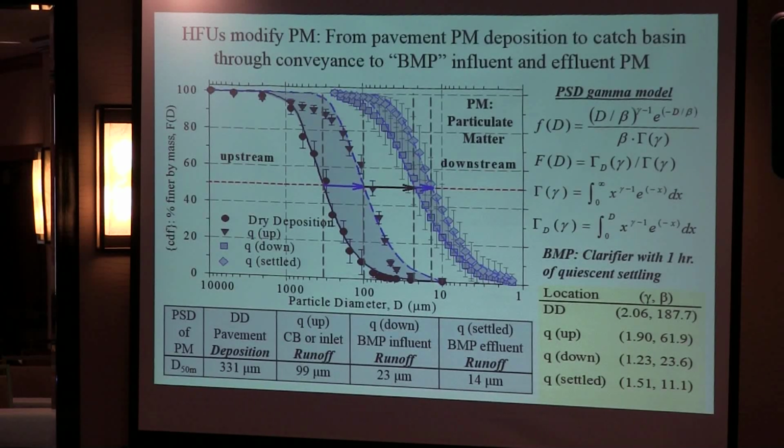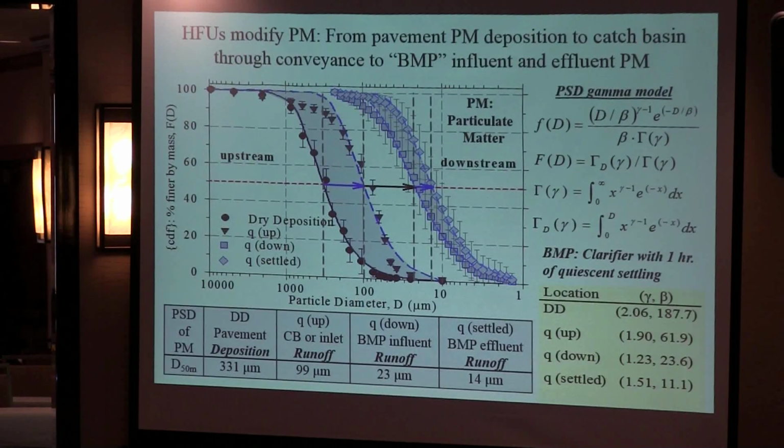This may look complex, but if you apply a cumulative gamma function to these data, you can simply model all of these data by a scaling parameter and a shape parameter. So now two parameters, and you can rebuild all of this data.